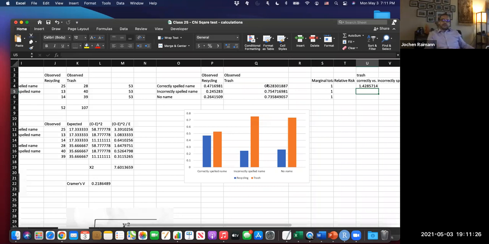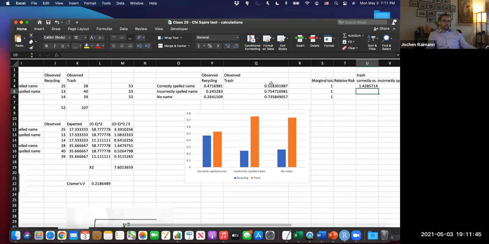So essentially the interpretation is that the risk to trash with an incorrect spelling is 1.42 times that of trashing it with a correctly spelled name.